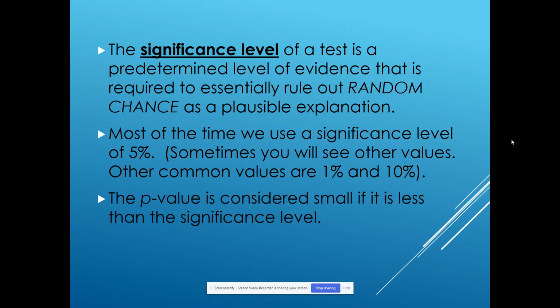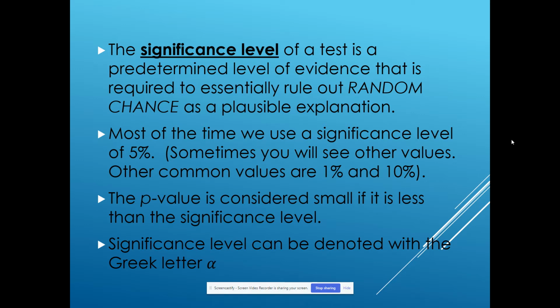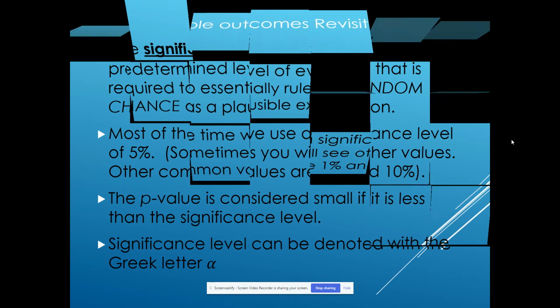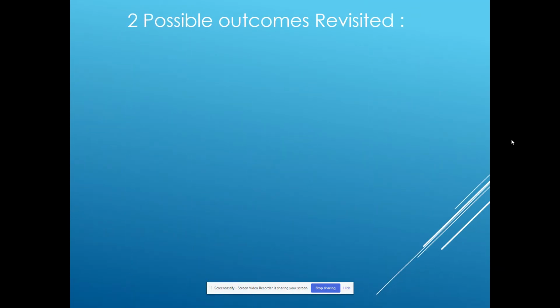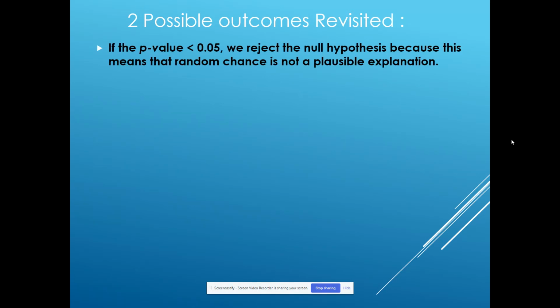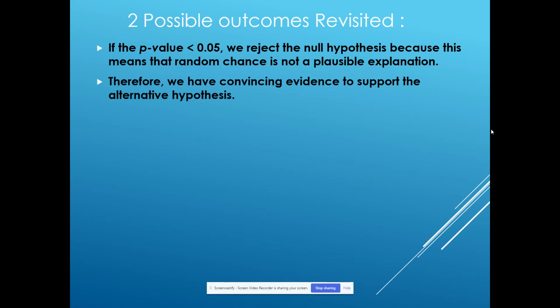So if our real p-value is less than that, then we consider that a significant result. That significance level can be denoted with alpha, which is a Greek letter. If we revisit those two possible outcomes in terms of p-value: if the p-value is less than 0.05, then we reject the null hypothesis because this means that random chance is not a plausible explanation.